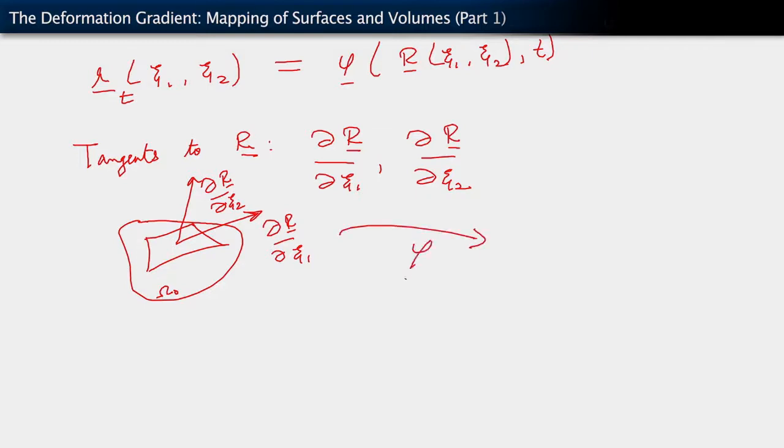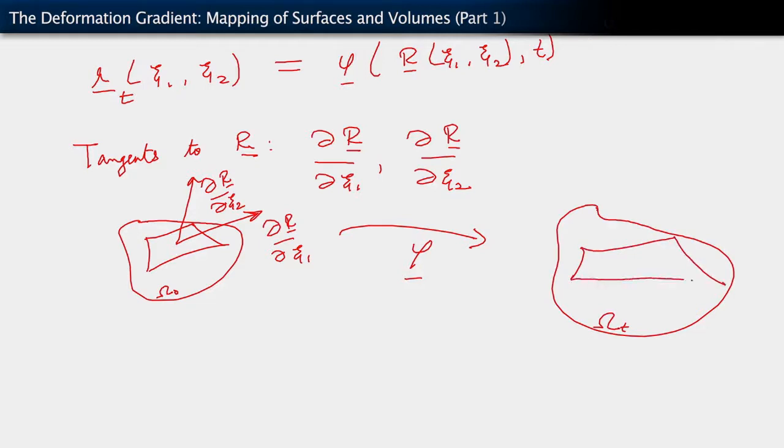Phi takes us to the current configuration, omega sub t. We have our surface here. Sorry. All right. And likewise, we have tangents partial of little r with respect to C1 and partial of little r with respect to C2.